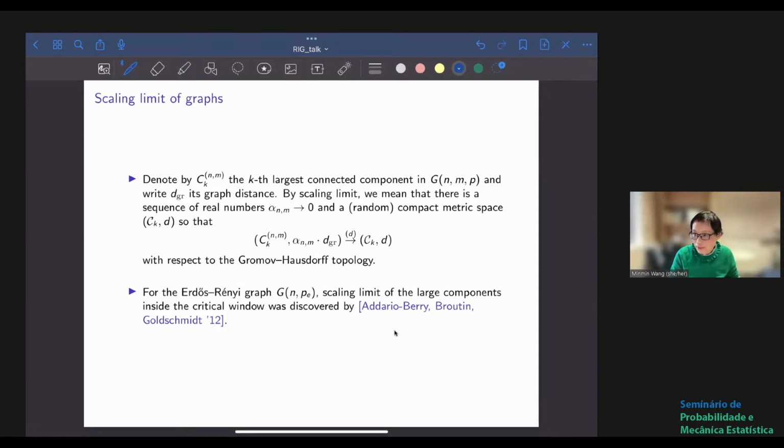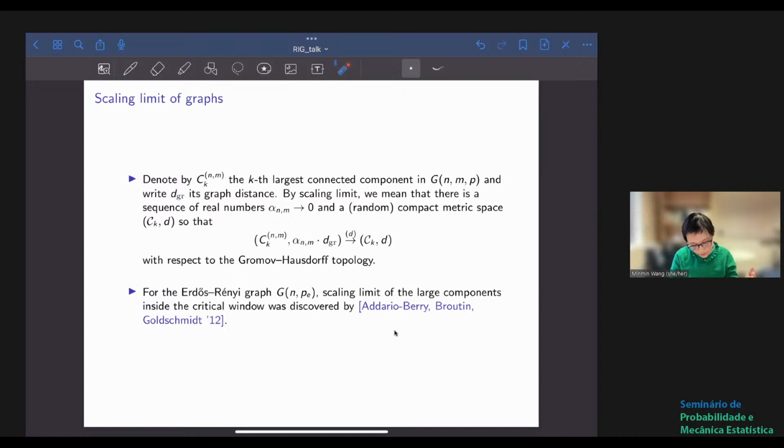You take a connected graph, and in this case the natural candidate is just the k-th largest connected component in your random intersection graph. I'm going to give it a name, C_k^(n,m). We're going to consider this connected graph as a metric space, where the metric is just the graph distance.